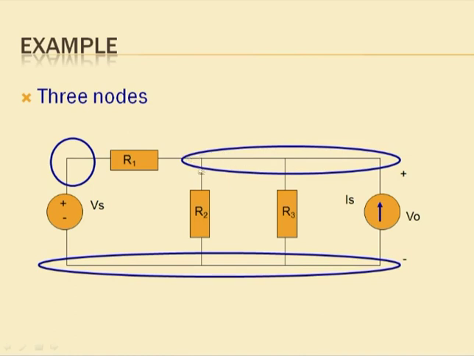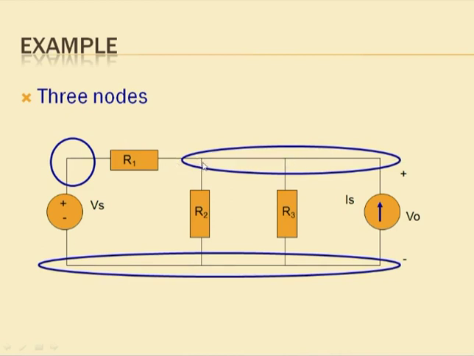Okay, so we are considering this point and this point as the same point because in between no other element is connected. So all points in a circuit, if no other circuit element is connected in between, will be considered as the common point. So as this is our first node, you can say that this is your second node.